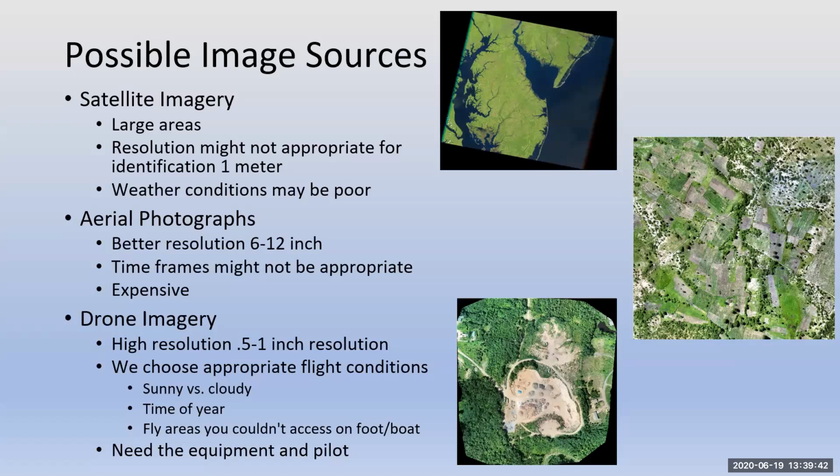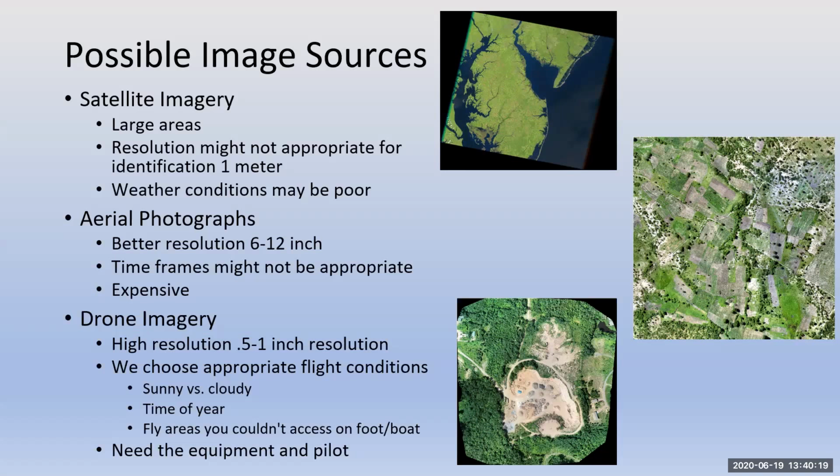The beauty about drone imagery is it produces a very high resolution photo. You can get 0.5 to 1 inch resolution aerial imagery, and you can choose when you want to fly, depending if the weather conditions are okay. It can be sunny, you can fly under the clouds. Your biggest limitation is probably the wind, and as long as it's not raining.